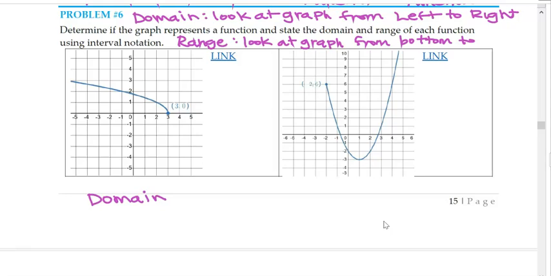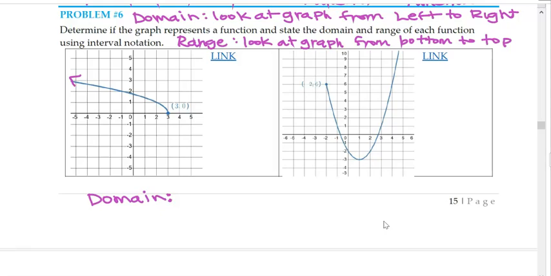So it's important to know how to determine the domain and range by looking at a graph. So the domain, you can see we're looking at it from left to right. So the furthest left this goes over, right? Sometimes on some of the graphs they don't have little arrows, but if it doesn't have an end point like this one does, then that means there should be an arrow there, and it keeps going off of the graph that we can see here.